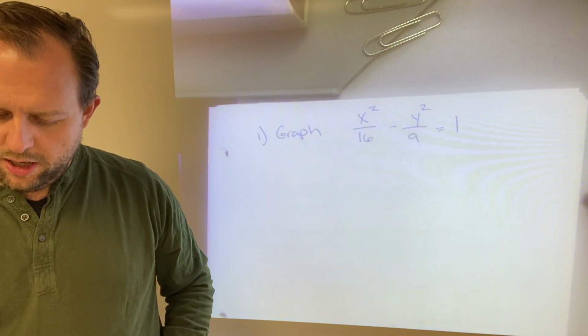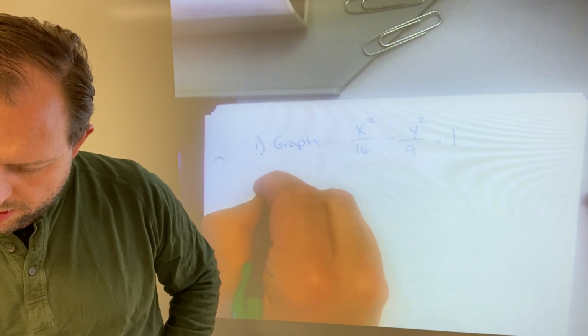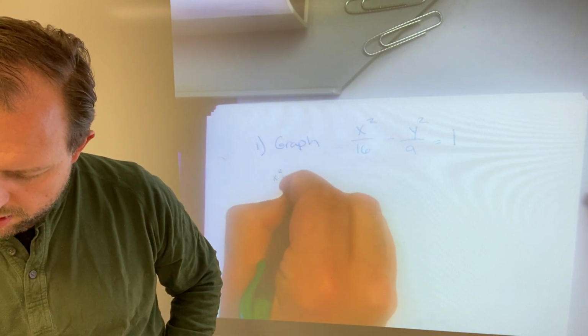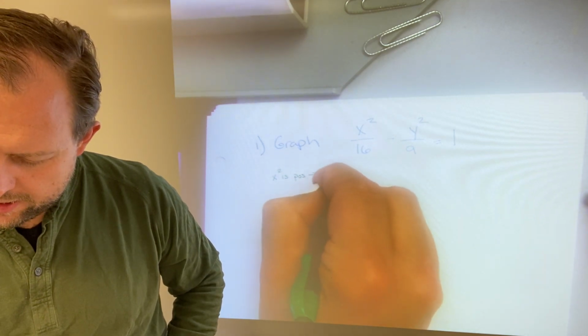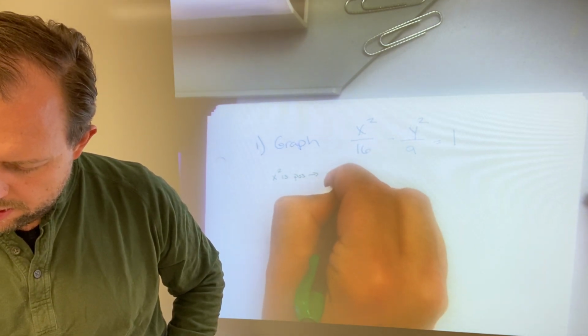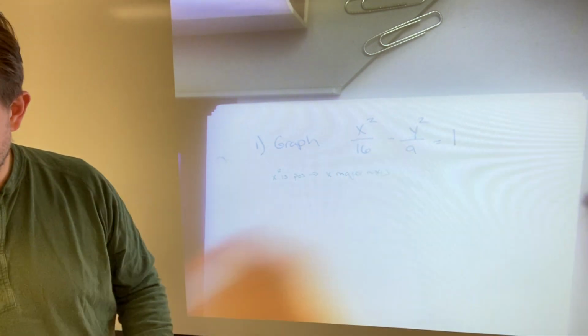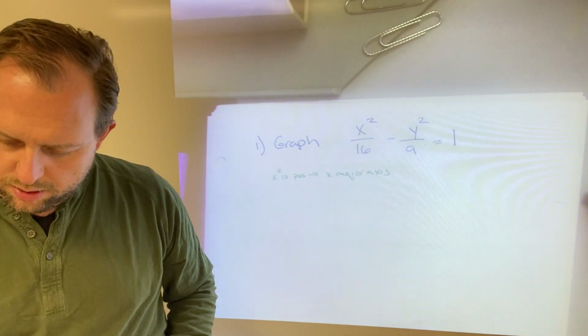So the first thing we know is that x squared is positive. That means that we have x as the major axis. We have a center.